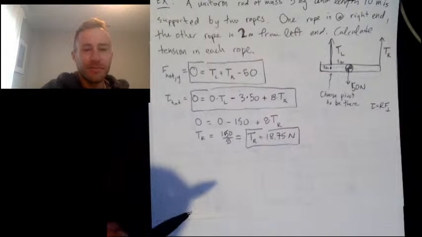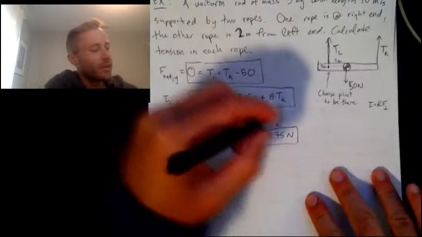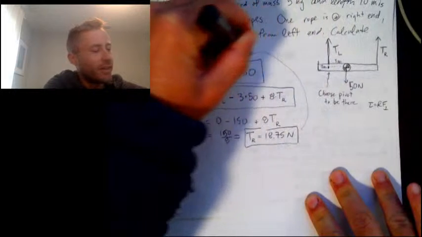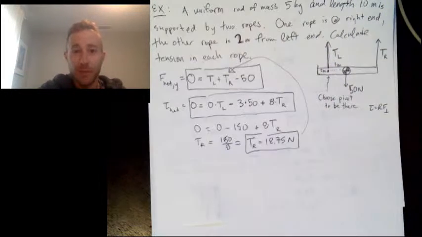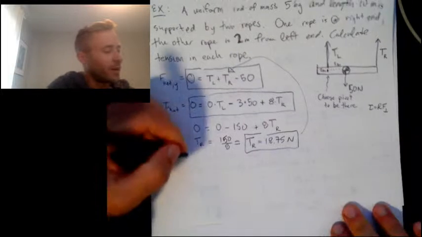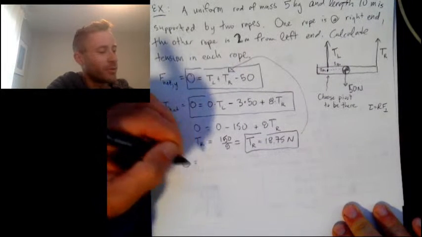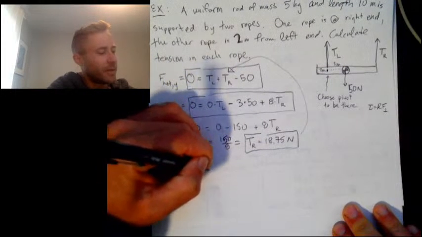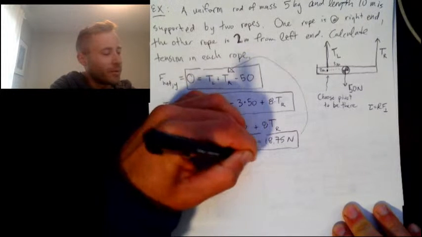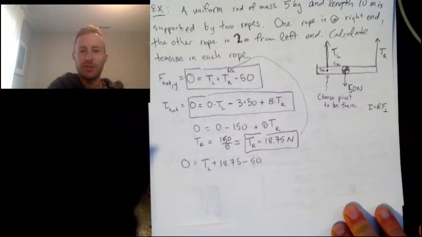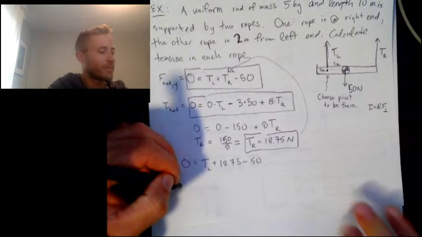Now what I'm going to do is plug that into my first equation. So now I have 0 equals TL plus 18.75 minus 50. That's a very simple equation to solve.